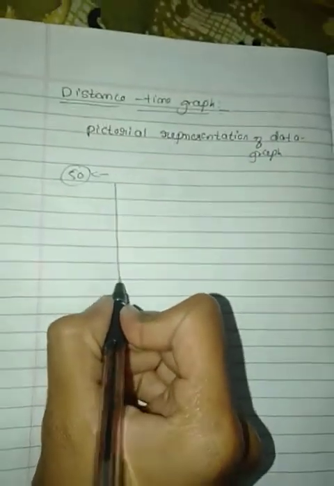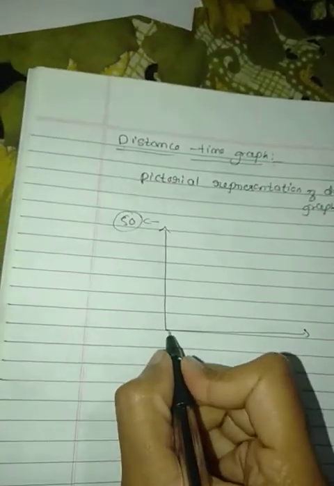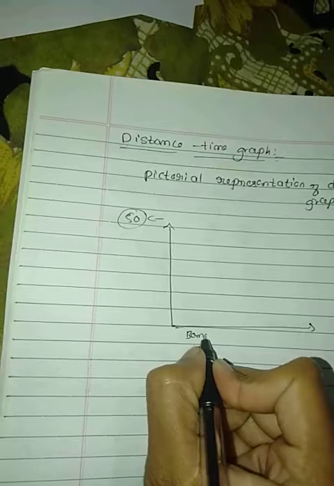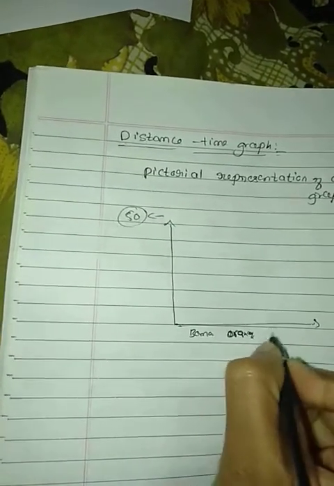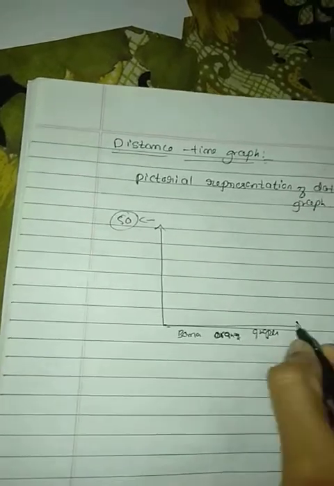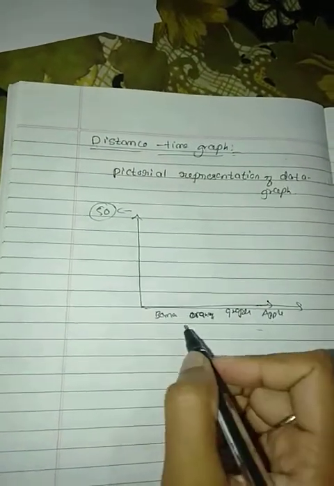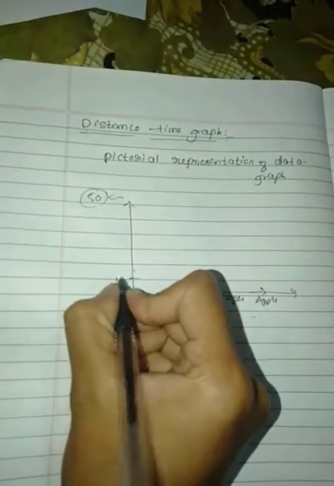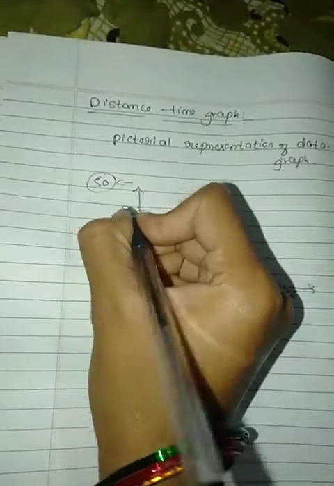You collect the data and draw a graph like this, with two perpendicular lines. Here write fruits: this is banana, this is orange, this is grapes and this is apple. On the horizontal line we represent the fruits. On the vertical line we represent 10 students, 20 students, 30 students, 40 students, 50 students.